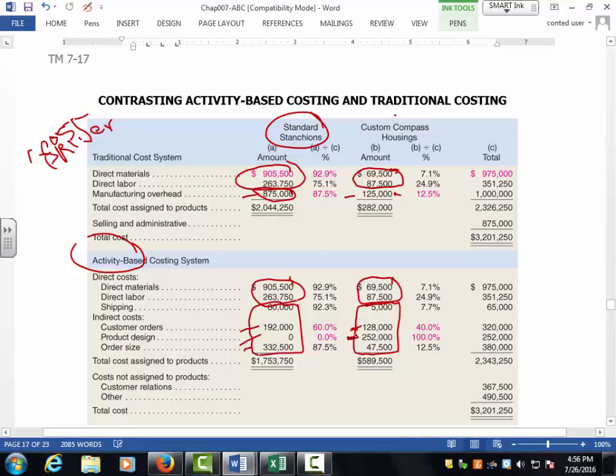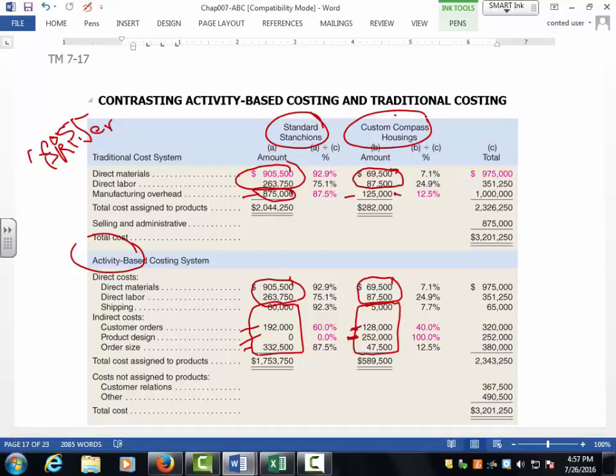Product design, because it's custom, every one of those orders has to have a design. Somebody has to figure out what's the height, what's the dimension, what it needs. So whatever this product is that we're making. And then the order size makes a difference.